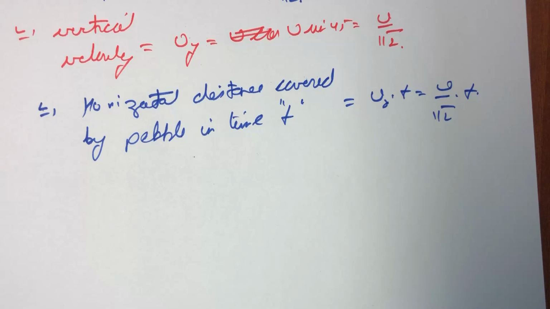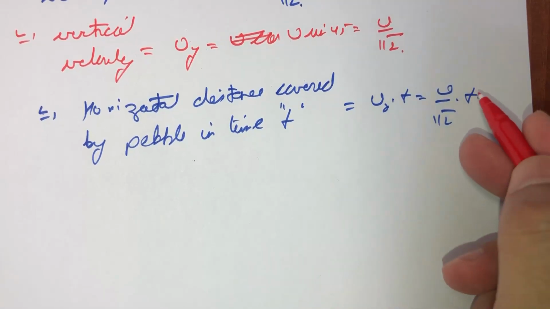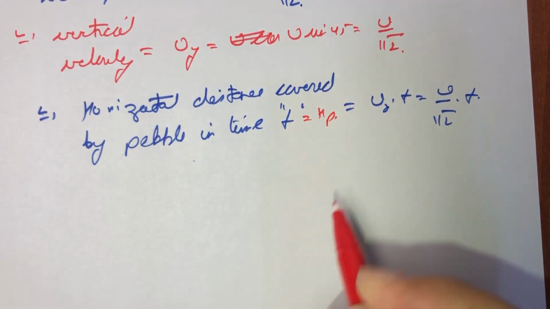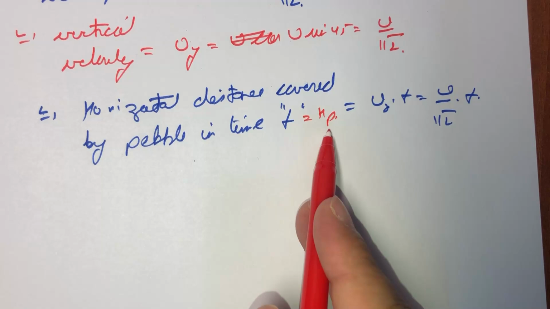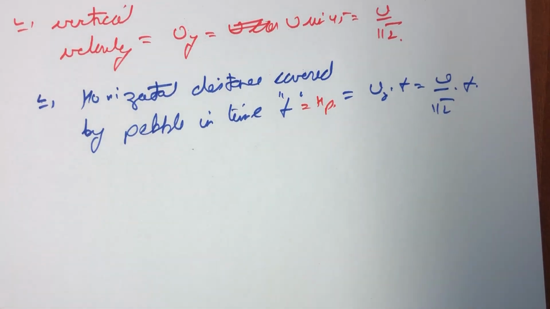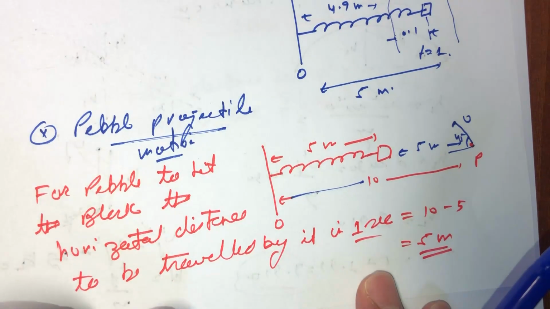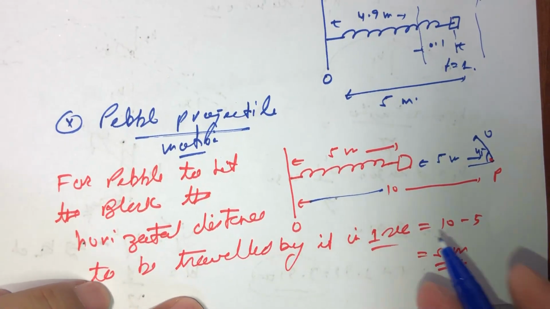Let us call this HP, the horizontal distance of the pebble, and let us call this distance HD.